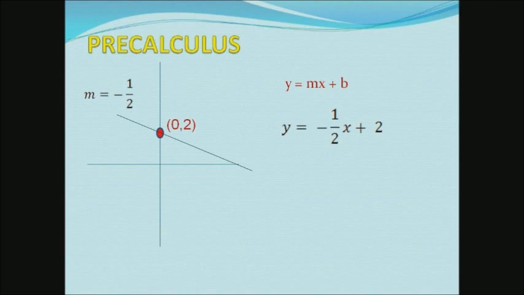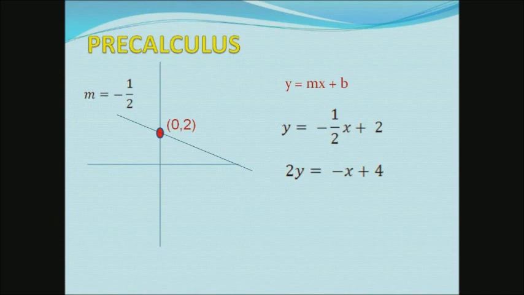So, pag minultiply natin siya, we will be having 2y equals negative x plus 4. So, each term was multiplied by 2, which is the denominator natin kanina. So, ang nangyari, 2y equals negative x, nawala na kasi yung 2, yung 1/2, plus 2 times 2, 4. Kaya naging 2y equals negative x plus 4.